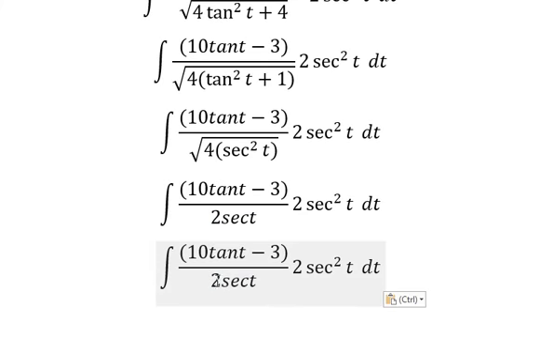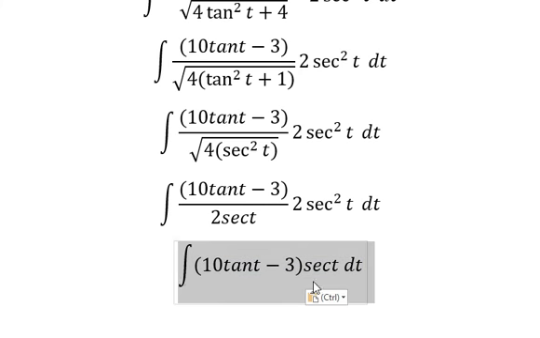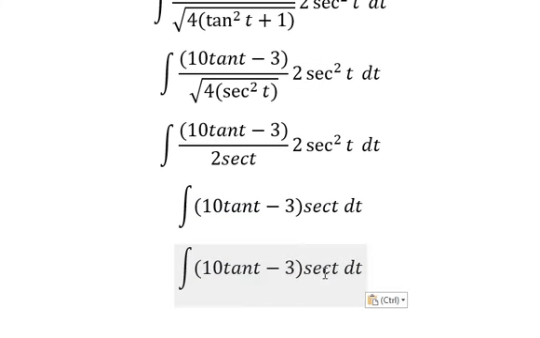Now we simplify 2 secant of t on numerator and denominator. So you get this one left. So secant of t multiplied by tan t and number 3.